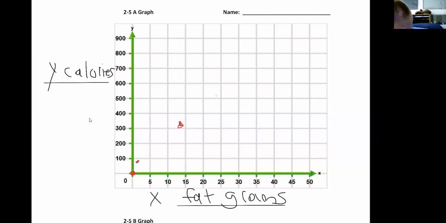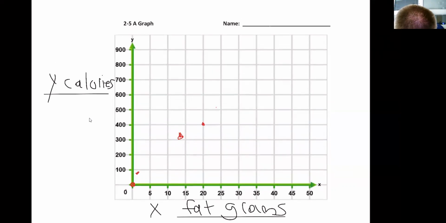Okay, our next point is a big Texas. That's 20, 400. So over 20 up 400 would be exactly on this corner here. Our next thing is chocolate milk. That goes 8, 208. So if we plot 8, it would be a little bit before the 10 on the x-axis, and 208 would be slightly above the 200 mark, so maybe somewhere around there.